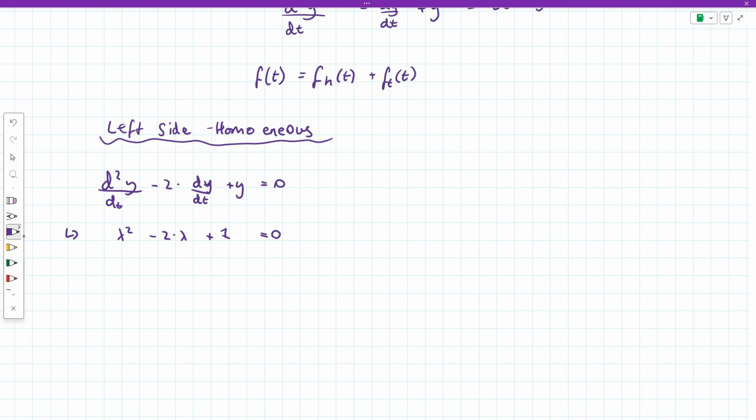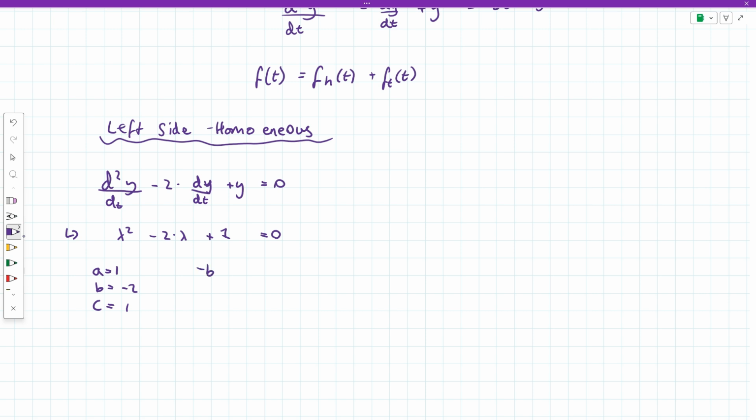And now this is just a normal quadratic equation. We can solve this using the quadratic formula or using whatever your favorite method is. I'm going to set it out as if we're going to use the quadratic formula. So A is clearly 1, B is minus 2, and C is 1 again.